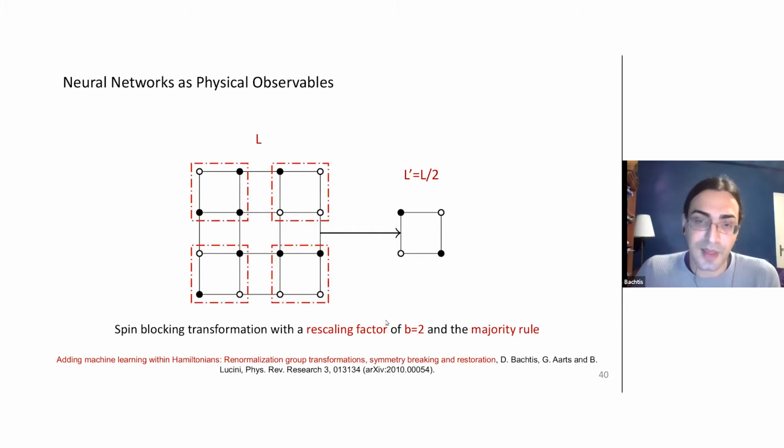So I want to emphasize that for today's talk, I will always consider that the rescaling factor is equal to 2. So if we start from a system that has a certain lattice size L in its dimension, then by applying a standard renormalization group transformation, we are going to halve the lattice size in its dimension.